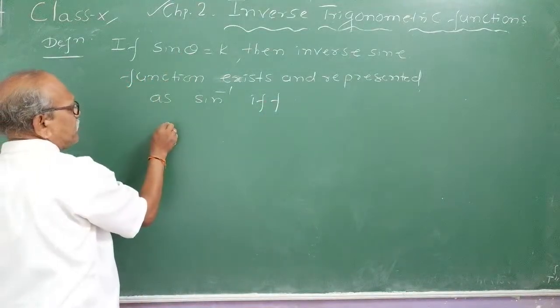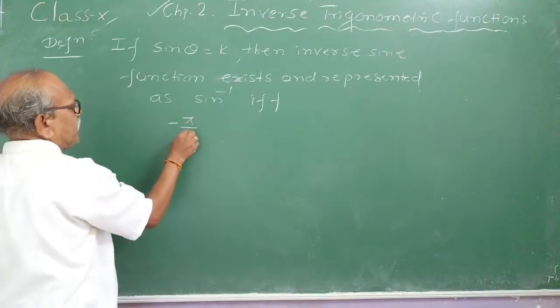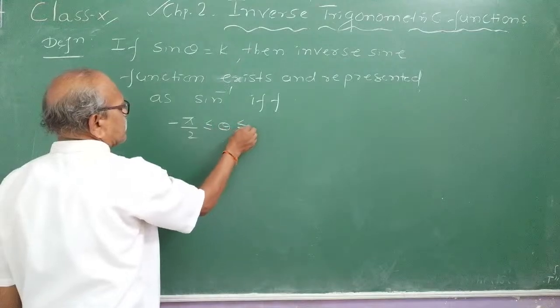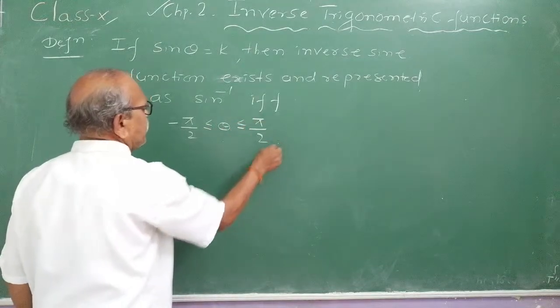Theta lies between minus pi by 2 is less than or equal to theta, theta is less than or equal to pi by 2. You can understand the meaning of it.